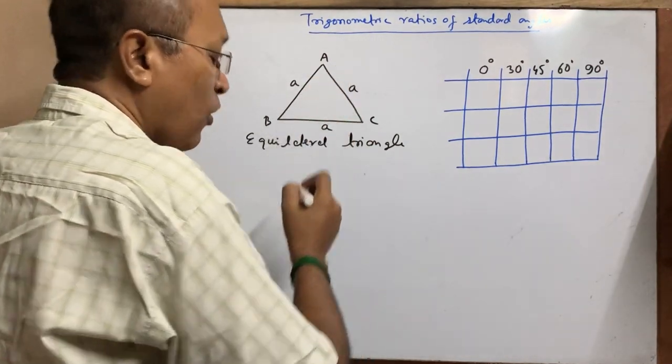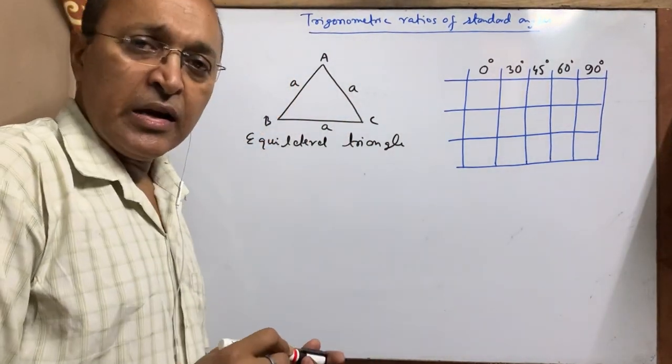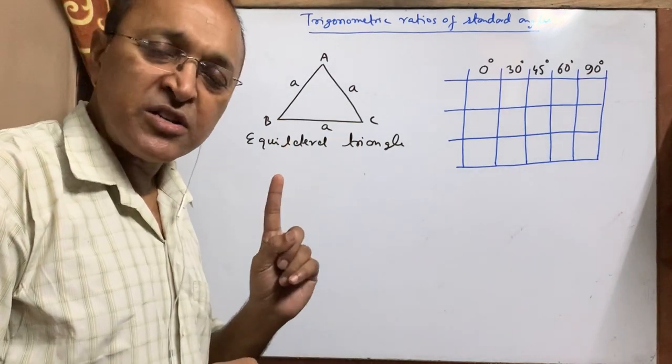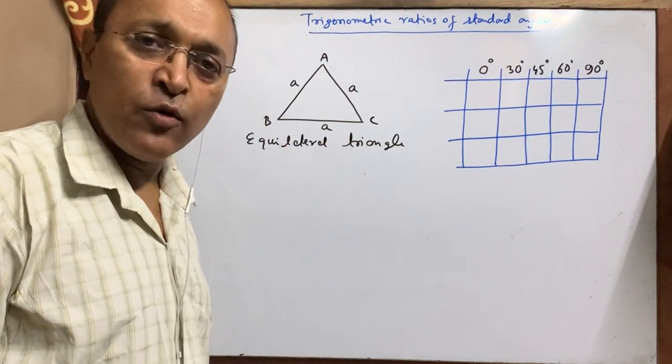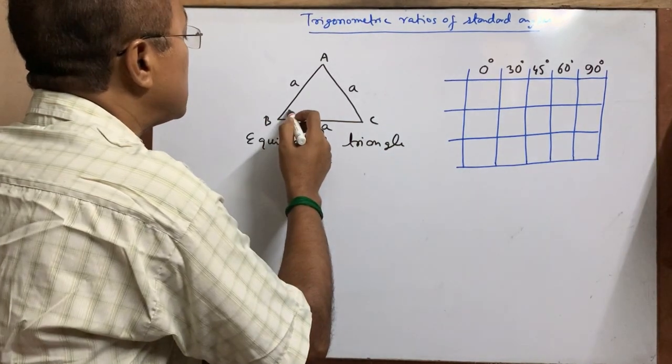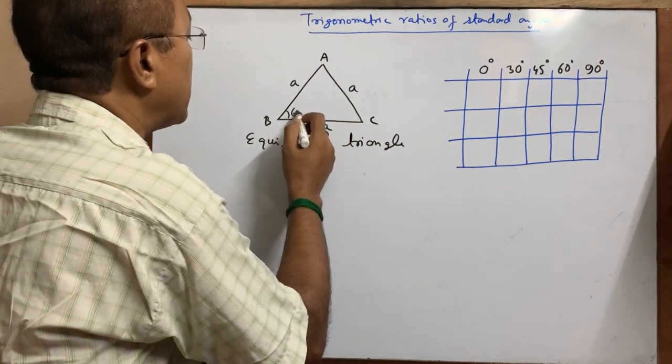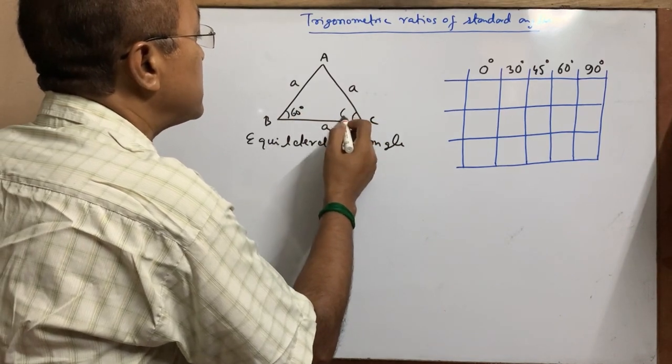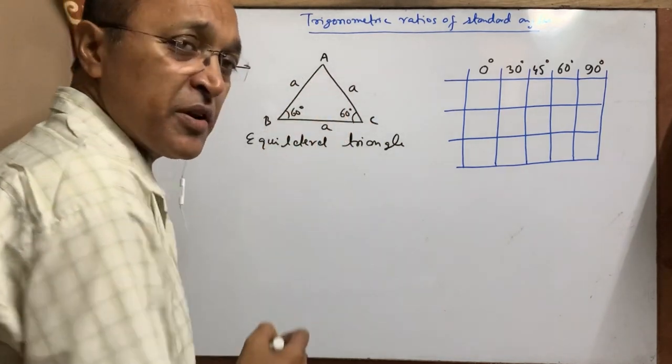Now all of you know very well that ABC being an equilateral triangle, each angle will be 60 degree, isn't it? So this one will be 60 degree, this one will be 60 degree and this one will be 60 degree.